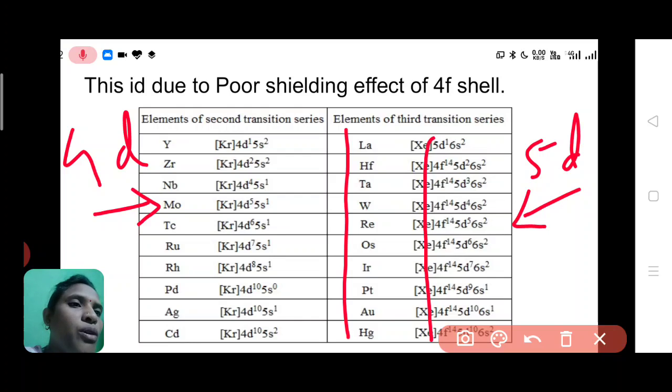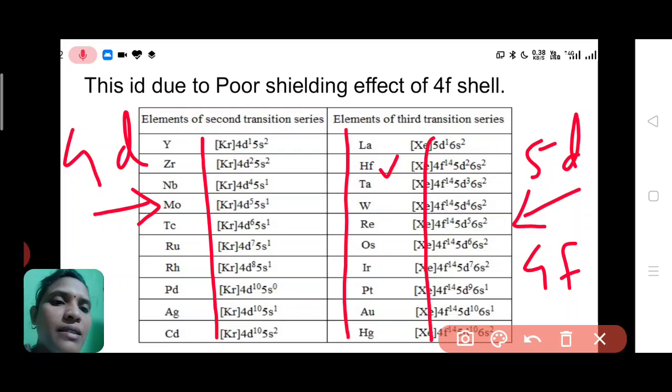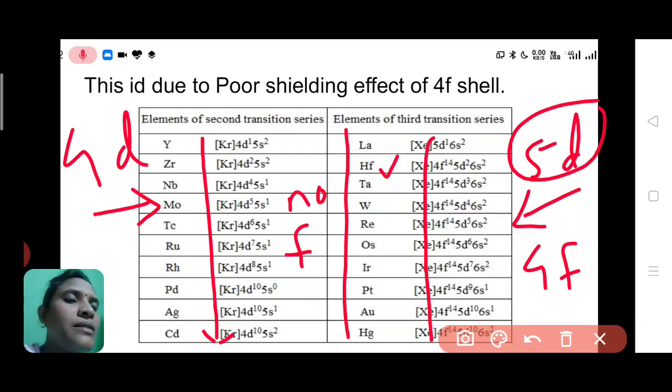See from top to bottom, from hafnium there is an entry of which shell? 4F shell. But there is no F shell in this 4D series. No F shell. But in the 5D series there is an entry of what? 4F shell.